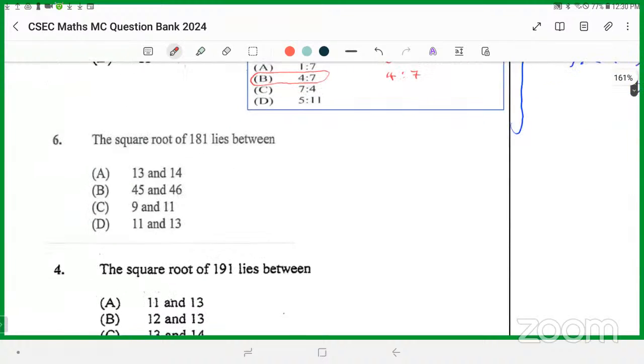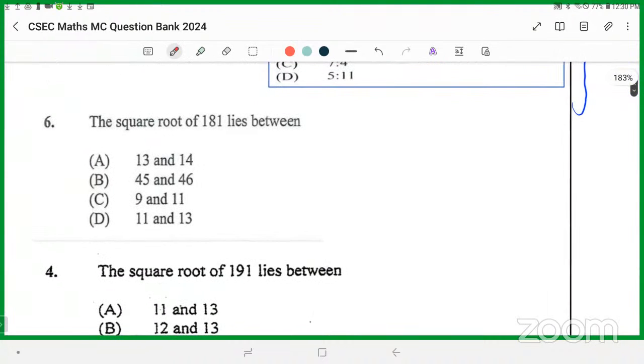All right, next one down here. Square root. The square root of 181 lies between which 2 numbers? So what we know is that 13 squared is 169 and 14 squared is 196. 181 is between them.